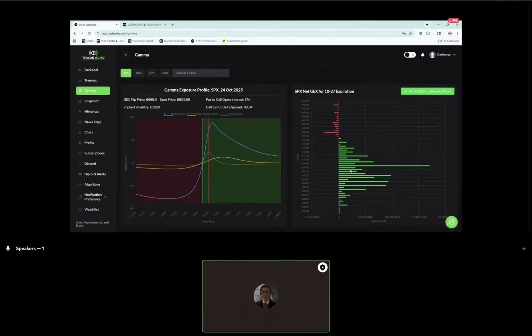The reason gamma and all these things are so much more important in this market, let me make sure my mic is working. Okay. The reason why gamma and all these things are so important in the market is because I don't know if you guys know this, but zero DTE trading is just exploding. I think more than 50% of the daily volume is zero DTE.